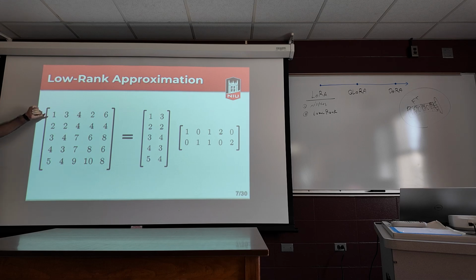For example, we have here 1, 2, 3, 4, 5. The second is totally independent because there is no column before it. Then we have 3, 2, 4, 3, 4, which is independent because you can't generate it linearly from the first. But look at this one, 4, 4, 7, 7, 9.